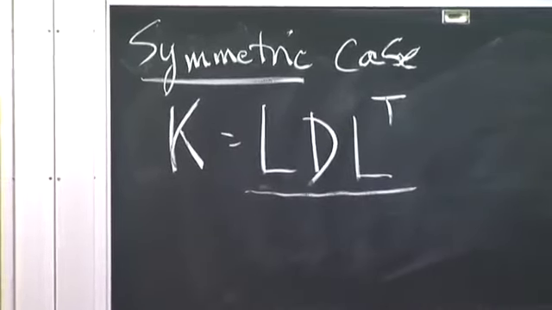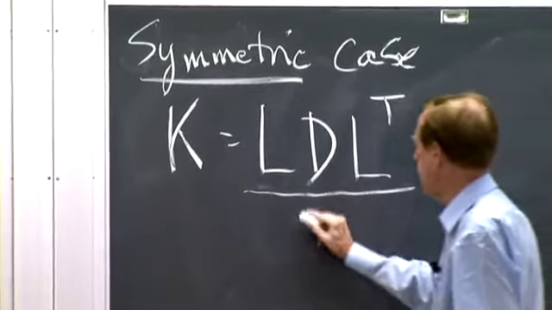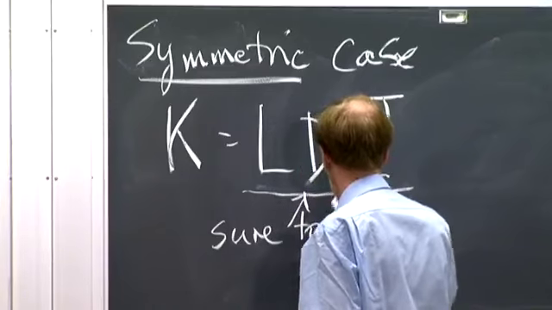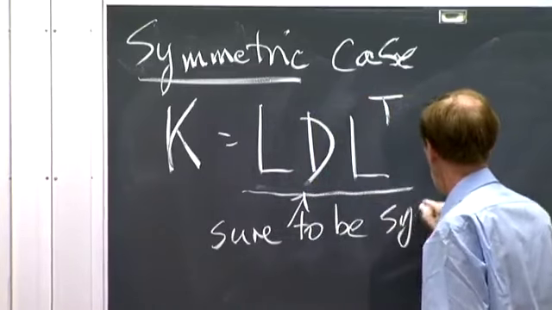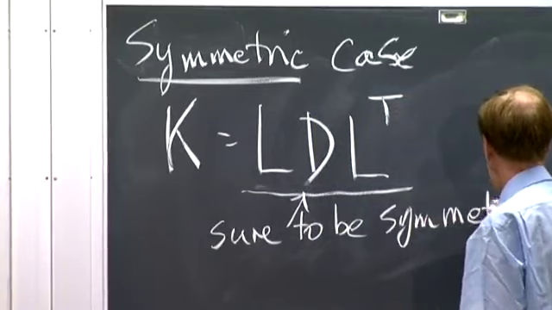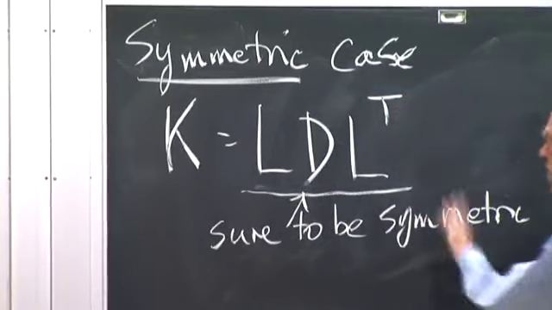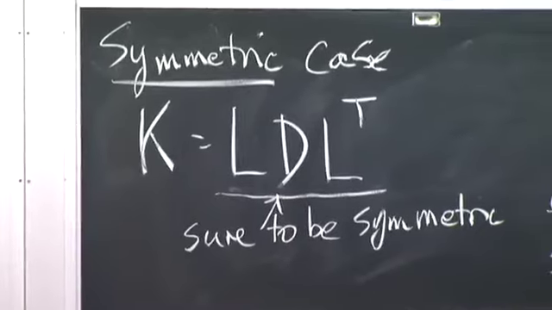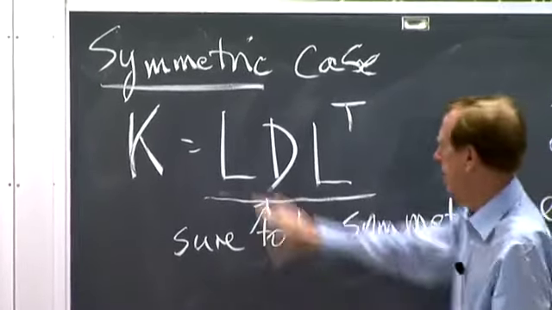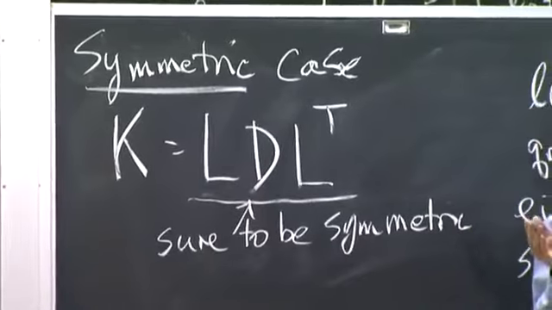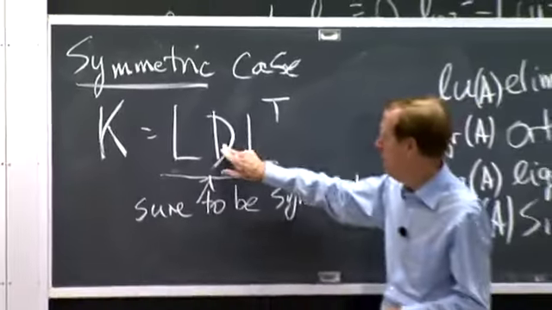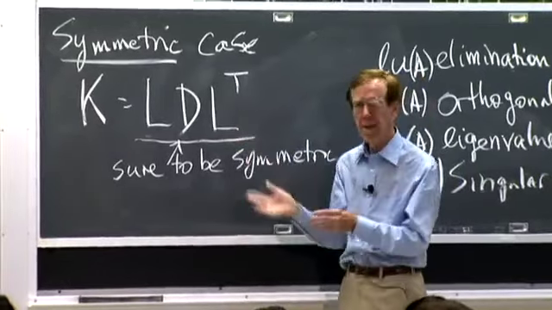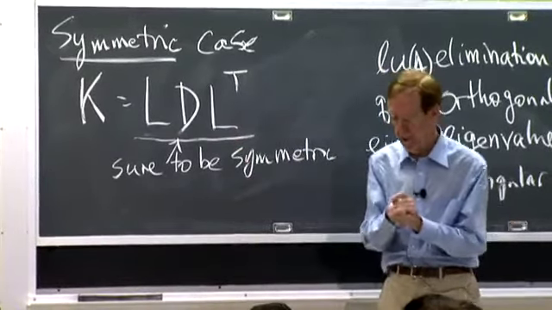Now, yeah, that's important. This is sure to be symmetric. We will often see matrices multiplied by their transpose. And I guess what I'm saying is that if you gave me any matrix L, any diagonal matrix D, and then the transpose of L, if I multiplied those out, I would get a symmetric matrix.